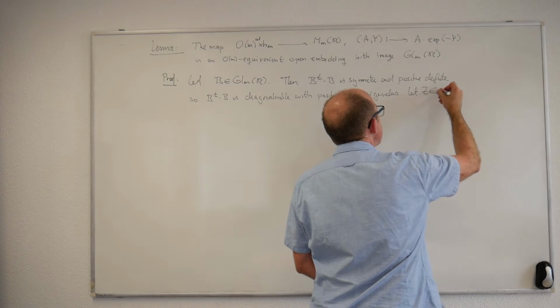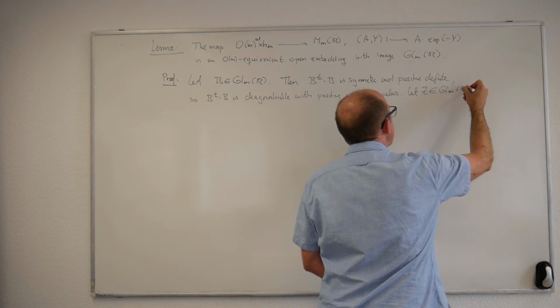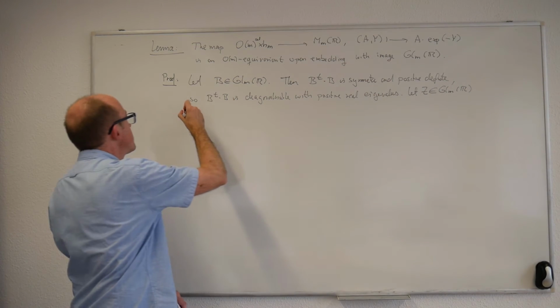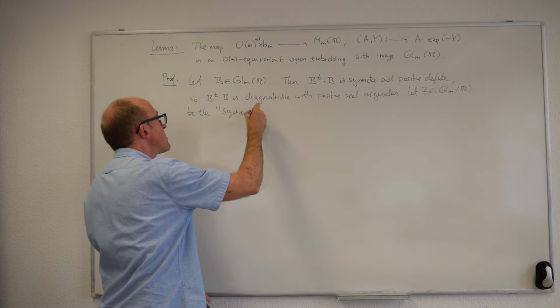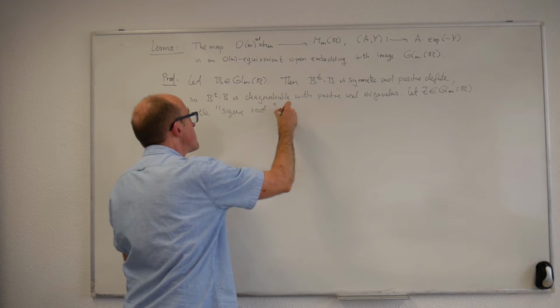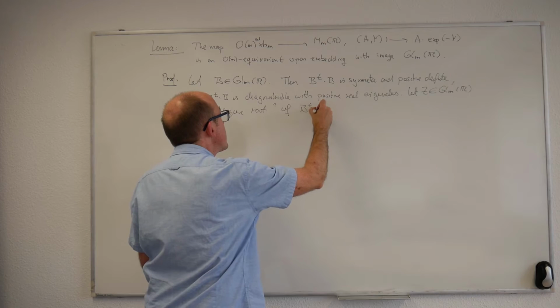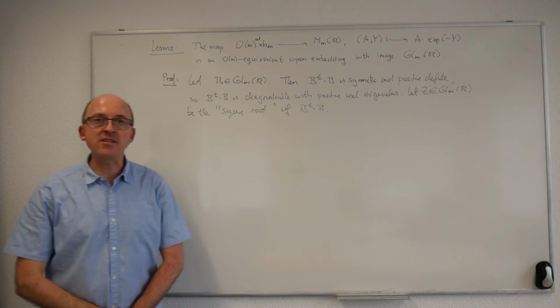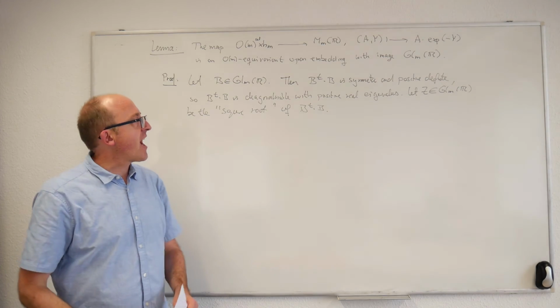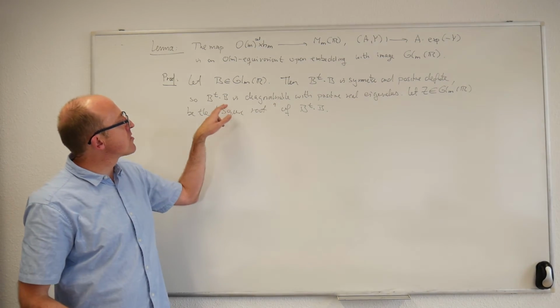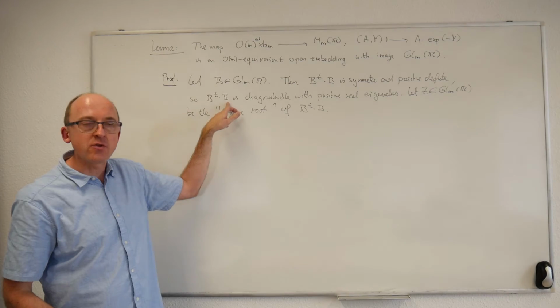Let Z in GL_m(R) be the square root of B^T times B. So what this means is we're going to take the matrix that has the same eigenspaces, but the eigenvalues are the positive square roots of what the eigenvalues used to be here.